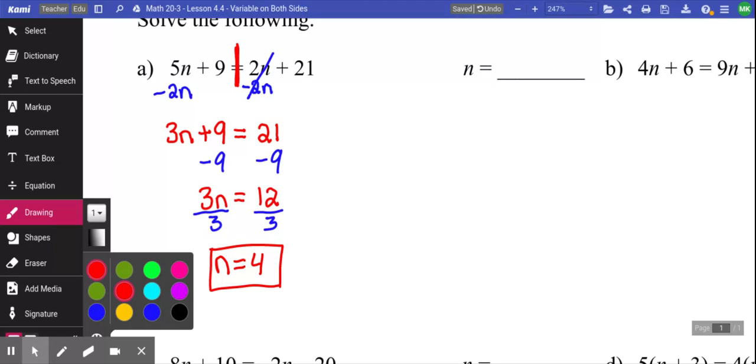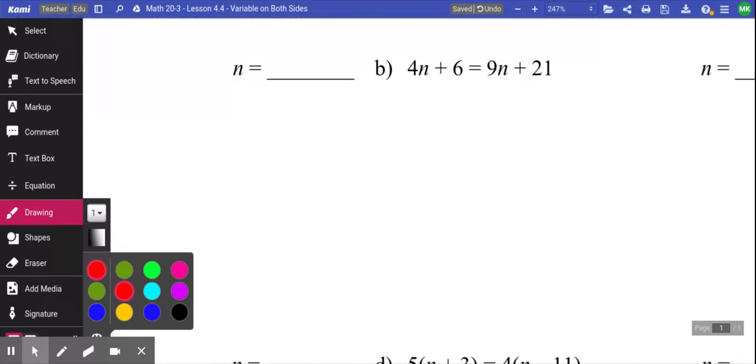I'm just going to let people write this down. I'm going to slide over to B so we can do it together. So I moved the 2n by subtracting 2n. And then I had an equation that I need to move things away from the n to solve it. If we look at B, again, you want to move the least amount of n's. This is 4n, this is 9n.